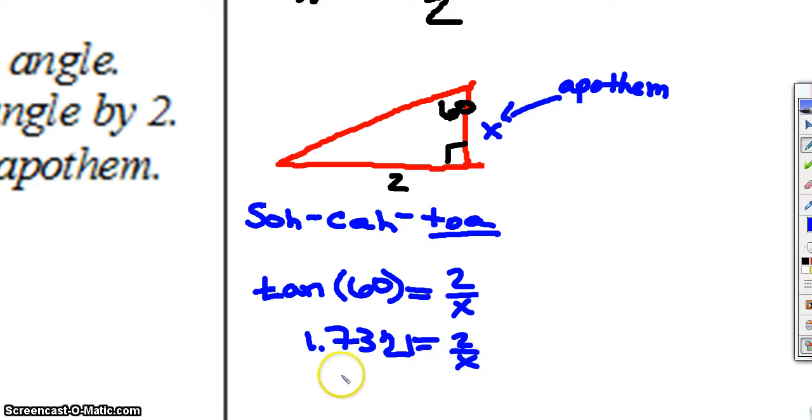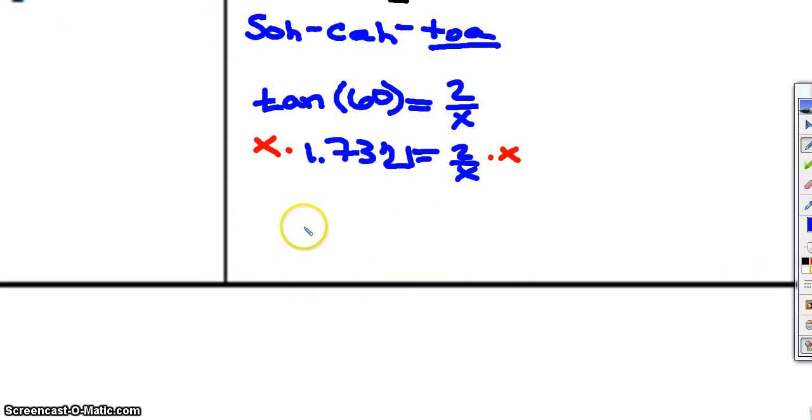And we want to go through a little bit of work here. We want to multiply by x on both sides. And then we're going to have a new equation. It's going to say 1.7321x equals 2. Ooh, that's ugly.